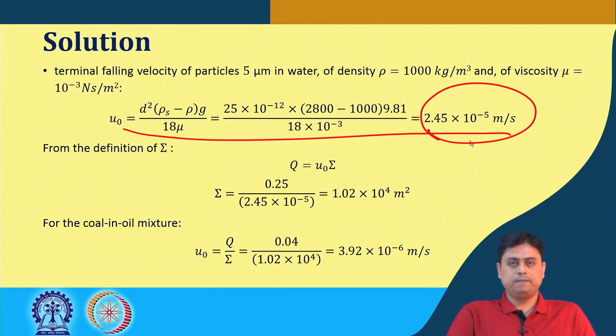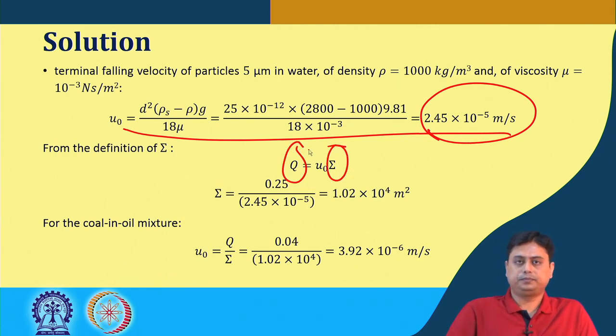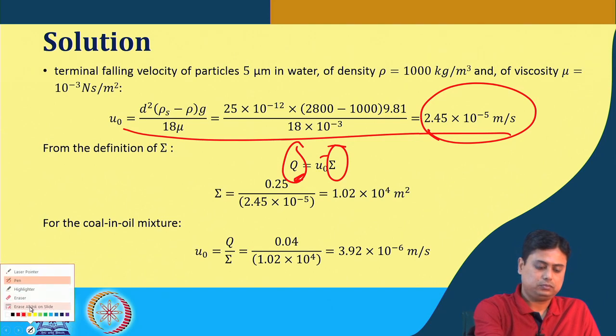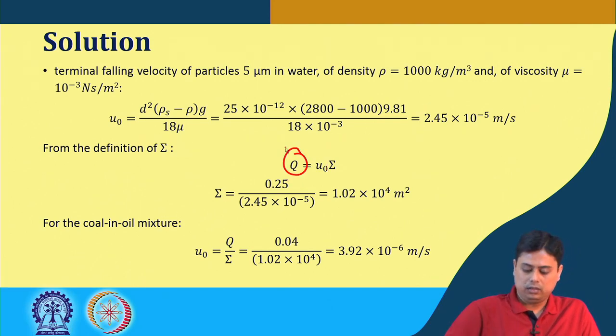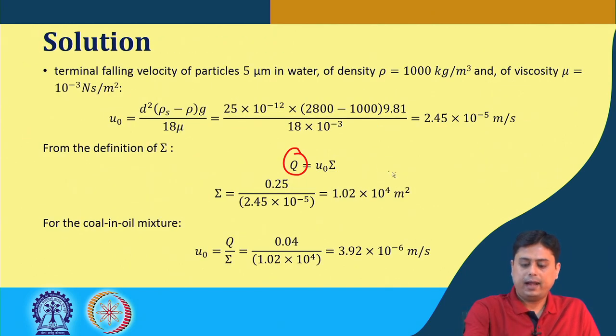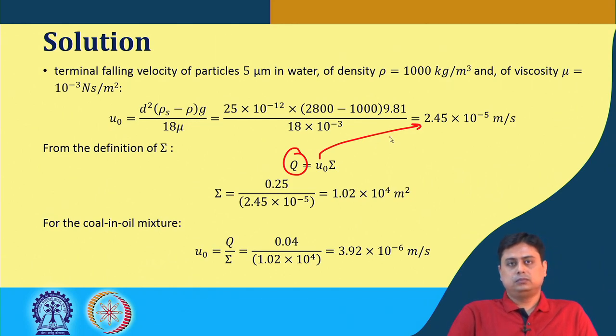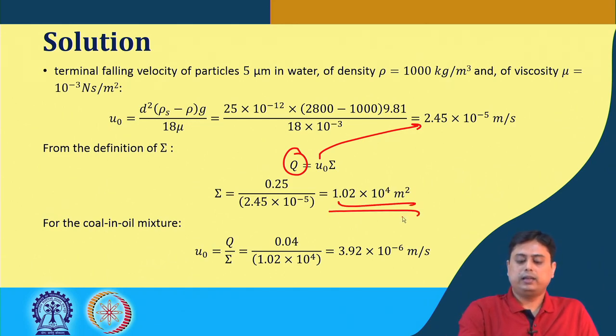Now, by definition, the whole throughput is the particle terminal velocity multiplied by the capacity factor. Q is given, as we have to handle 0.25 meter cube per second, and we have calculated this U0. So, we can easily find out the capacity factor.